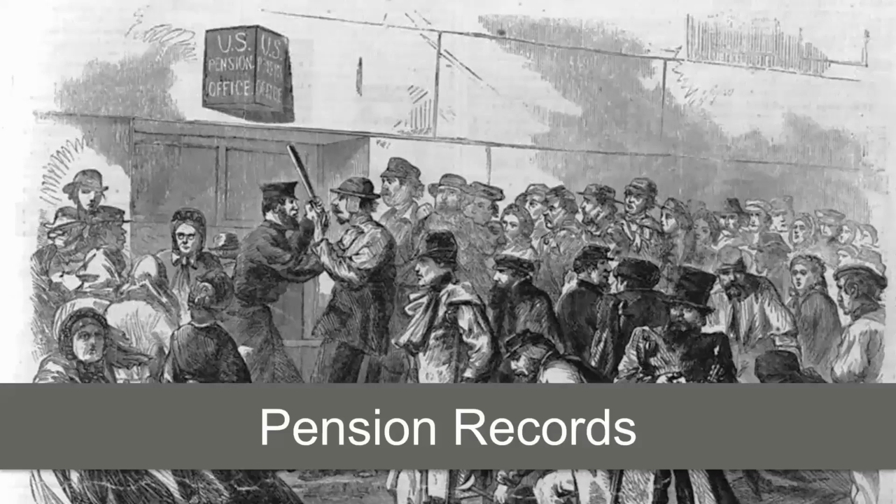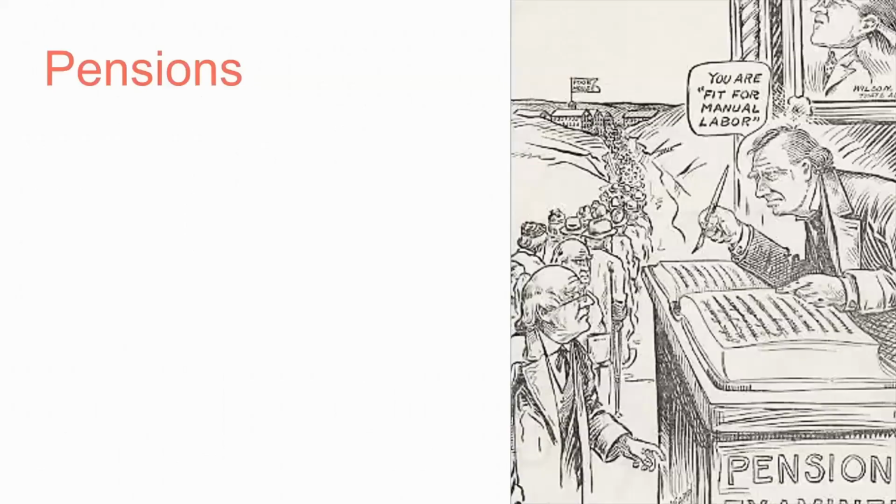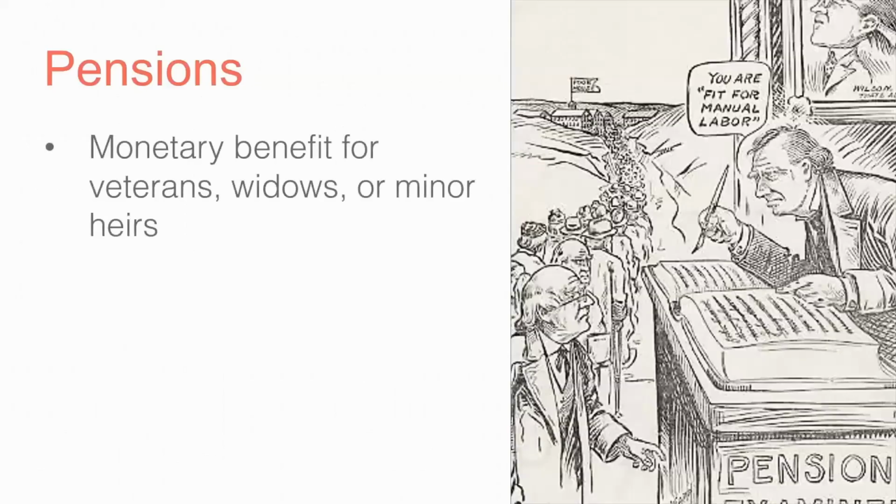Okay, next we have pension records. And remember, these can kind of be seen as similar to the bounty lands since they're both incentives. But pension is the monetary benefit for veterans, their widows, and their minor heirs. And they would either be paid monthly or annually.